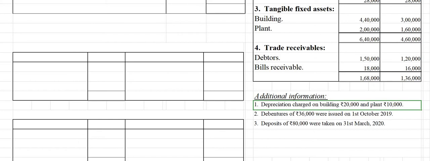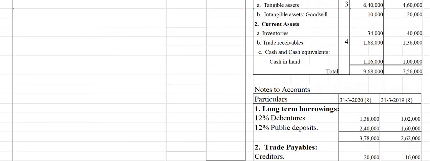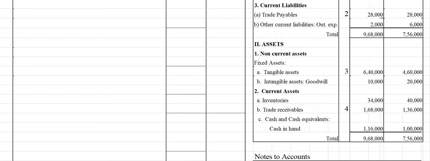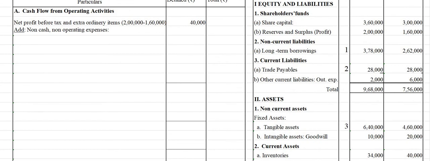Before that, is any other item there which is non-cash, non-operating in nature? See, share capital, we know, will come in financing activity. Long-term borrowings also will come in financing activity. Reserves and surplus we have already taken.